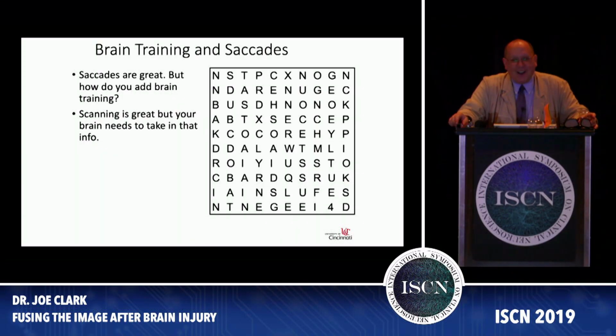Thank you. All right, so we're getting back to the saccadic eye movement. Remember, I'm fairly brain-centric. Saccadic eye movement is fairly straightforward as far as left, right, up, and down, and that's wonderful for the ocular motor. But a lot of people report they're not remembering what they're reading, and reading is a version of saccadic eye movement.